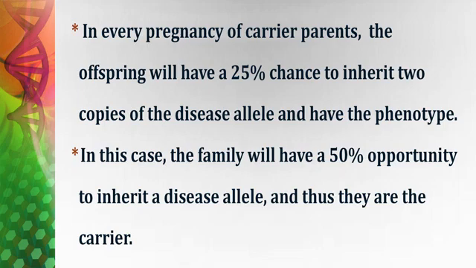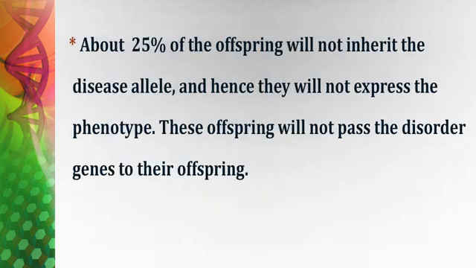In this case, the offspring will have a 50% chance to inherit one disease allele, and thus they are carriers. About 25% of the offspring will not inherit the disease allele, and hence they will not express the phenotype.